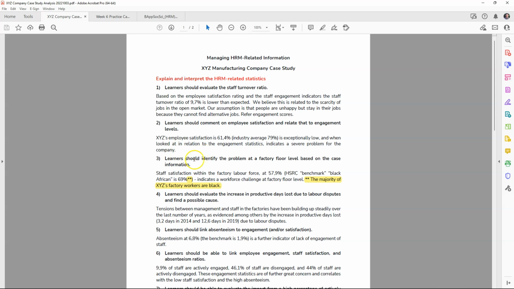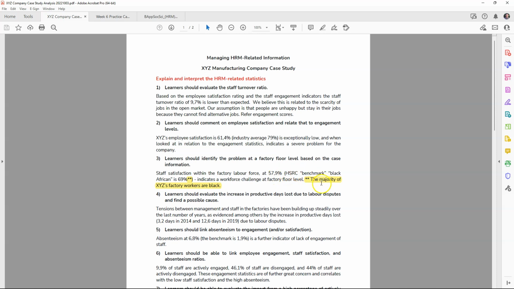And then what you should also specifically identify is that whereas the 61.4% is the overall employee satisfaction, staff satisfaction within the factory labor force is lower than that, at 57.9%.